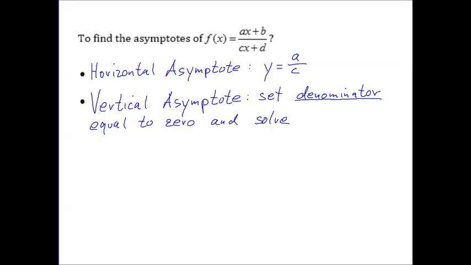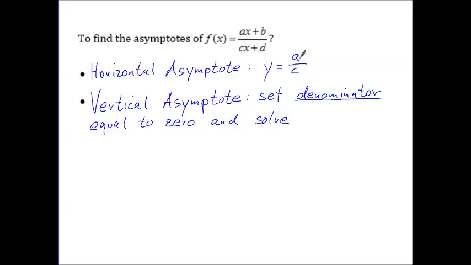So let's talk about what we did to find the asymptotes of a function that has this form: f of x is equal to (ax plus b) over (cx plus d). To find the horizontal asymptote, we took essentially only the coefficients of the x term in the numerator by the denominator.